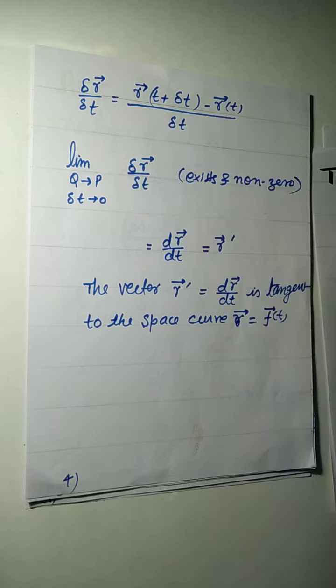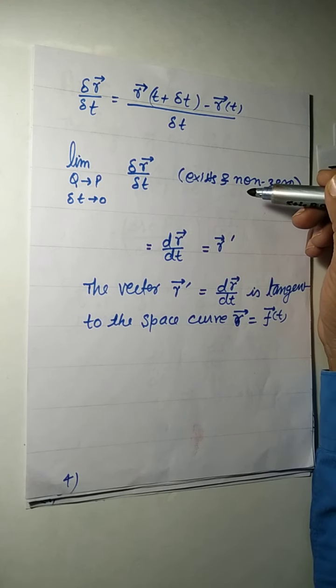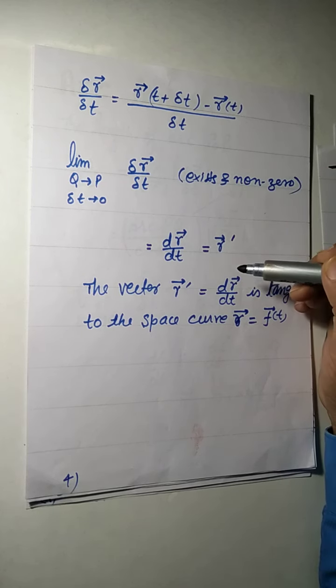Therefore, the limit as Q tends to P, delta t tends to 0, of delta r upon delta t exists. This will be dr/dt and is denoted by r dash.